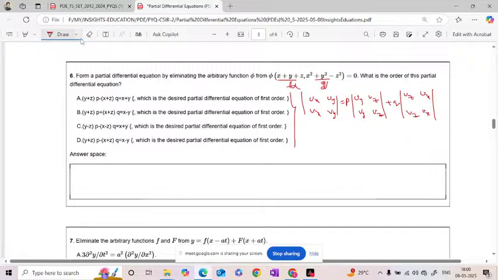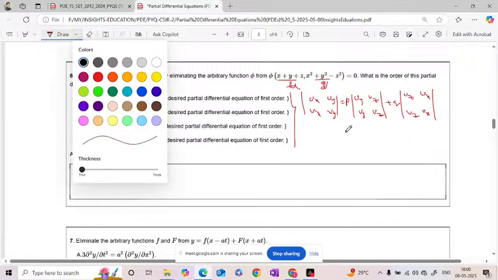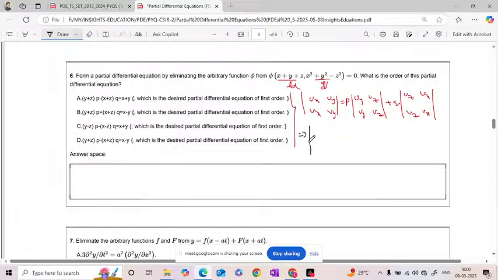Now substitute: Ux is 1, Uy is 1, Uz is 1. Similarly, Vx is 2x, Vy is 2y, Vz is minus 2z.